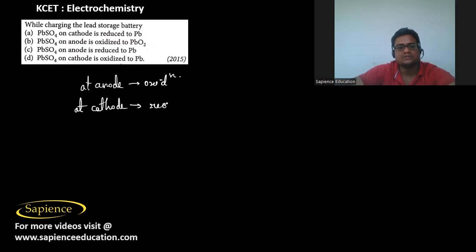So it means that C and D are wrong, since in option C it is told at the anode there is reduction, and in option D it is told that on the cathode there is oxidation, which is wrong. So out of A and B we have to think which one is correct.